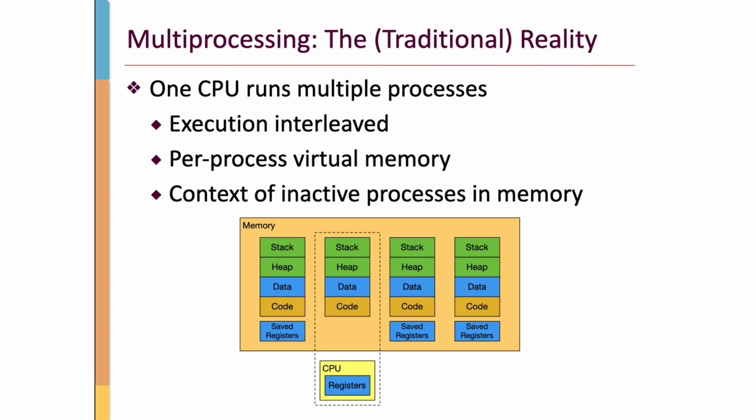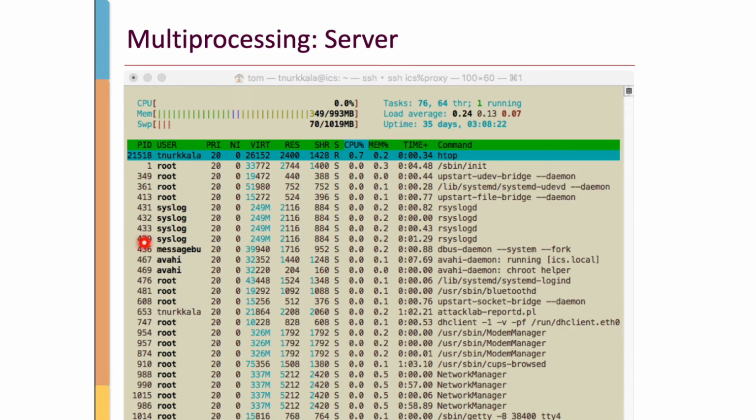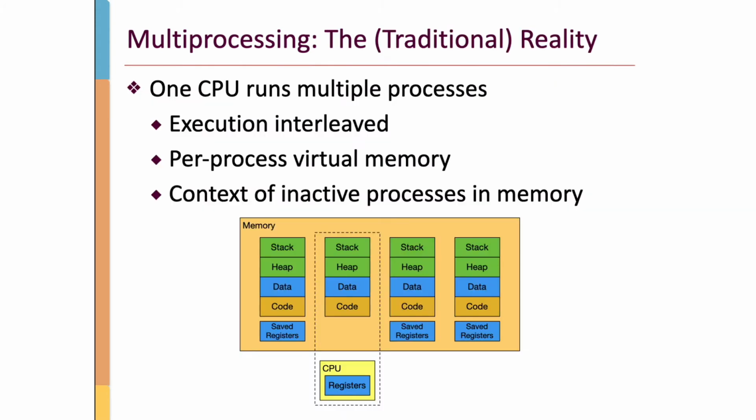So here's a reality check on that. I'm going to assume here that we're just talking about one CPU, as was the case in the server. Got one CPU, got a bunch of processes. We could think of the processes as all stacked up here in memory. Because there's only one CPU, only one of those processes can actually be actively executing at any given time.